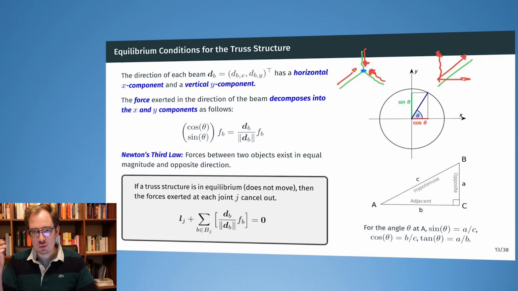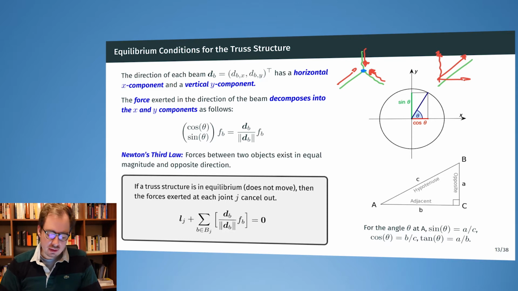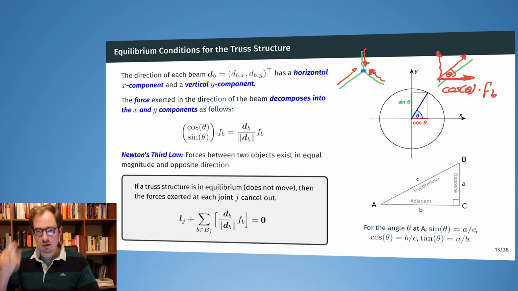And for this, it's clear that we have to use the trigonometric functions of sine and cosine. So the strength of the force in the x direction, if here we have our angle theta, is exactly the cosine of theta times the force of the beam, and the force along the beam we consider to be a scalar.